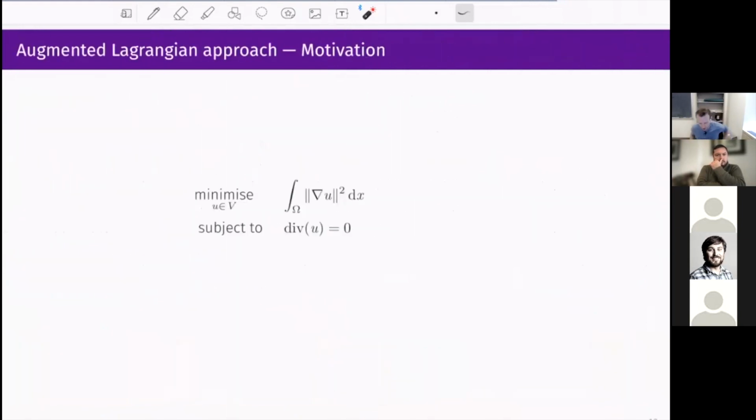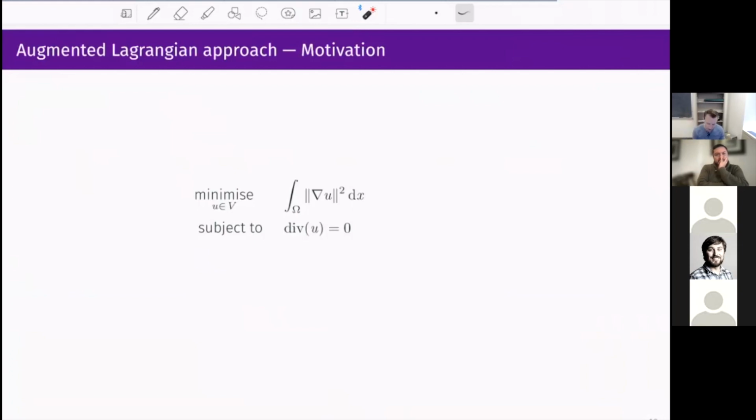Okay, so how can we make it easier to approximate this matrix S, this Schur complement? How can we find a better preconditioner for the Navier-Stokes equations? I want to motivate this by looking at the Stokes equations, and then we'll apply the same trick to the Navier-Stokes equations, and we'll see in the numerical results that it still works.